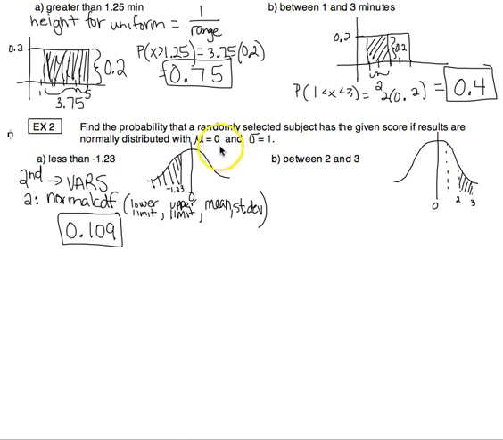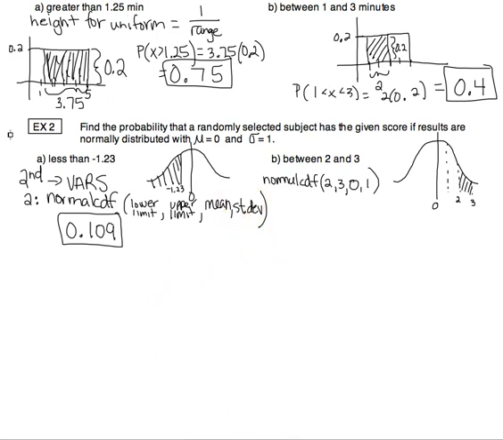Again, when I'm asked to find a probability, I am really just finding an area. So on this one, for my work, I would do normal CDF, lower limit of 2, upper limit of 3, mean of 0, standard deviation of 1.